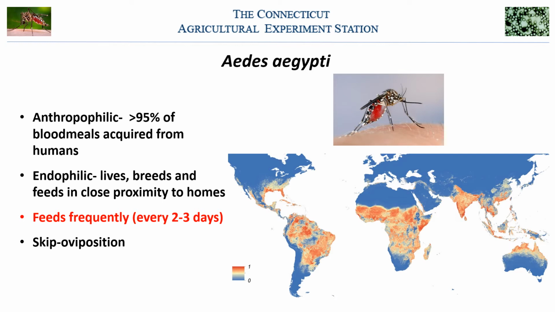So they might lay a couple eggs in a tire here, a couple eggs in another container over here, and this really buttresses them against human behavior effects, such as dumping out a discarded tire or drinking water out of a water container and reducing all the water in there, so the eggs then will die. By spreading it to multiple different containers, it really prevents it from the effects of human behavior.